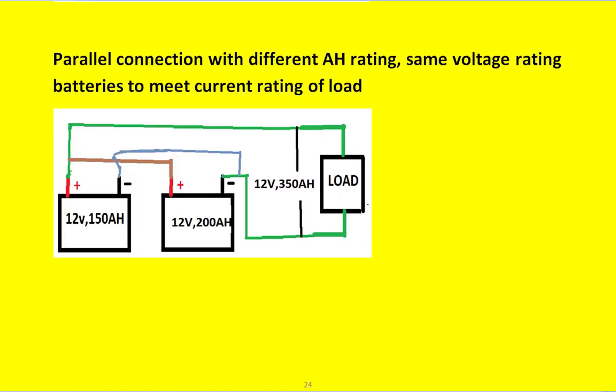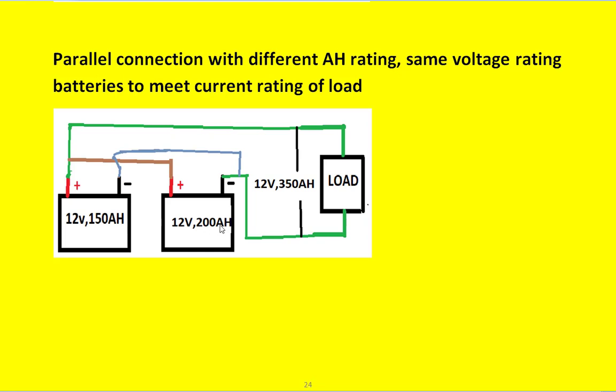We can also connect two batteries which have different ampere hour ratings, but they should have the same voltage rating. And keep in mind, the difference between the ampere hour ratings of the two batteries should not be too much.